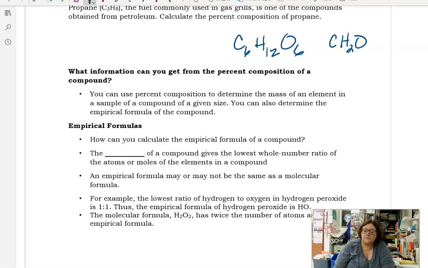In fact, if you look, glucose is 6 times larger than formaldehyde.